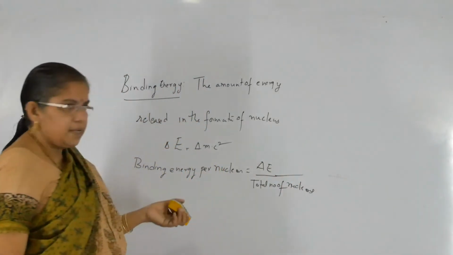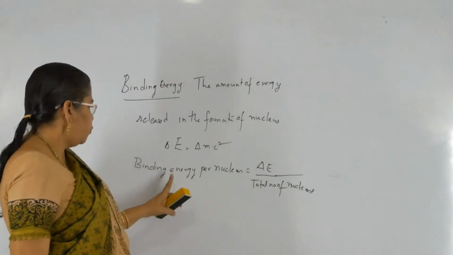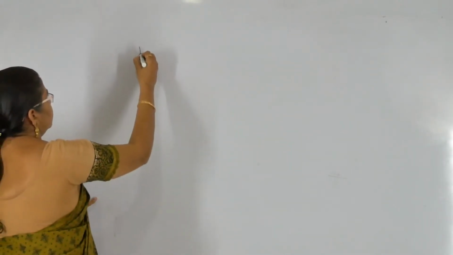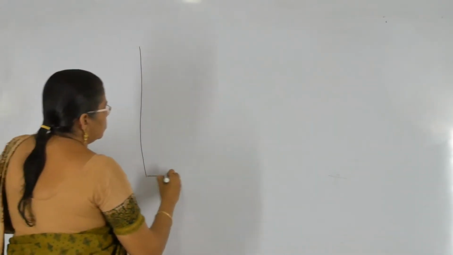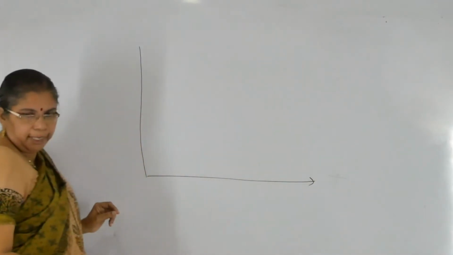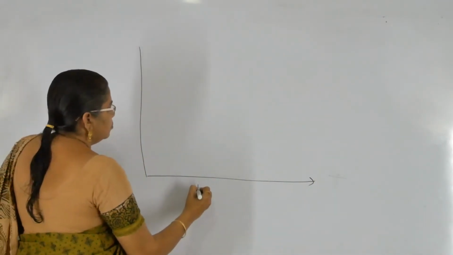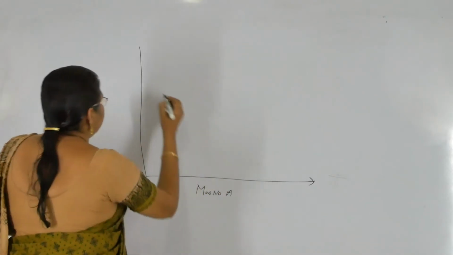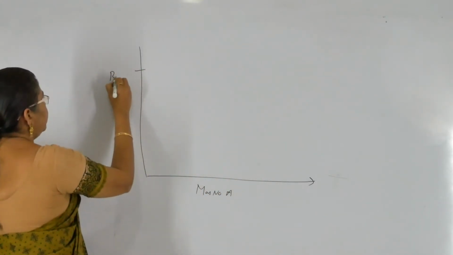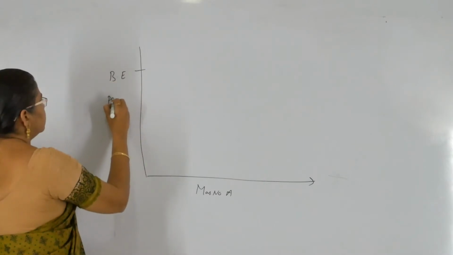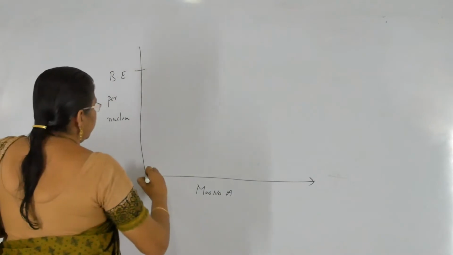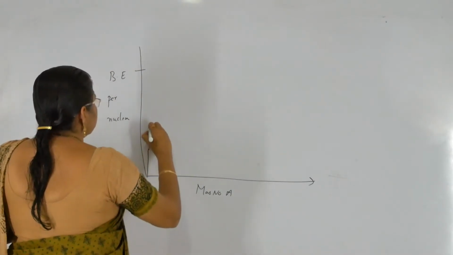And there is a graph for explanation of this binding energy per nucleon. This is the binding energy curve. Here we take the mass number A, and this is the binding energy per nucleon. So it comes out to be like this.